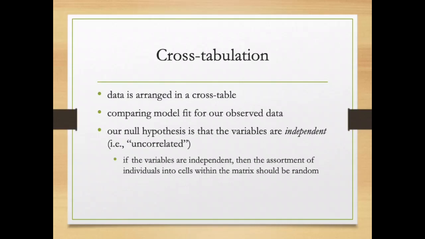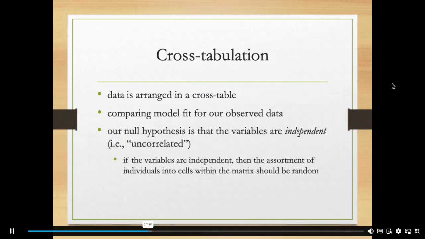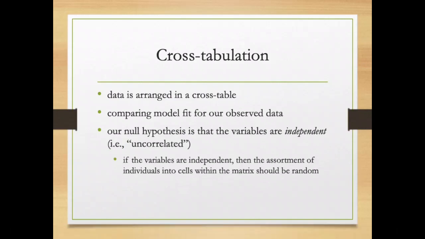In setting up for a chi-square test of independence, we need to arrange our data in a cross table. This is a matrix in which each of the cells represent the intersection between one level of each of your 2 variables. It's a table in which the levels of each variable are completely crossed, and this process is often called cross tabulation.